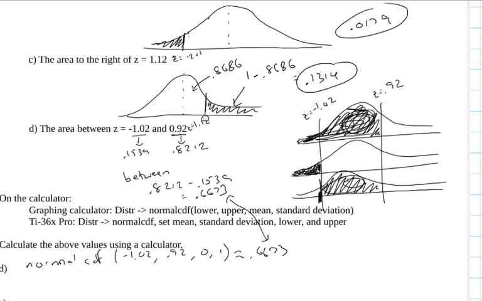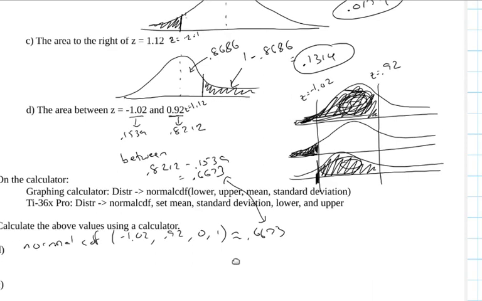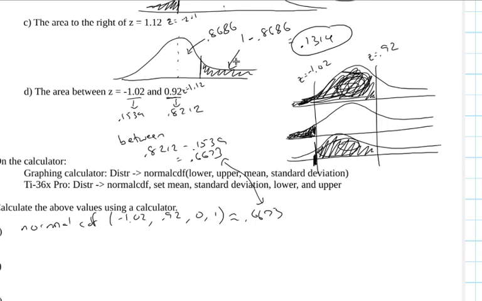If we want to find the area to the right of a particular value, for instance 1.12, then this is the region I'm talking about, so this 1.12 is actually on the left. It's my lower bound.